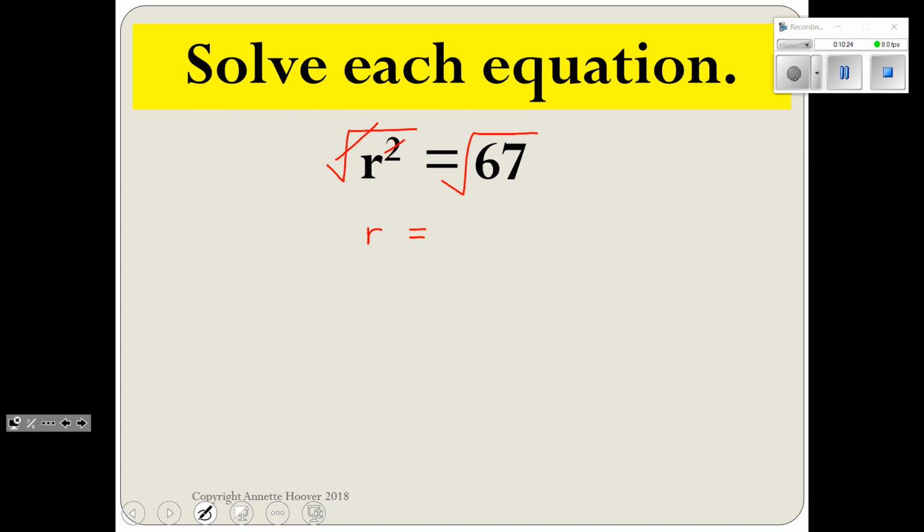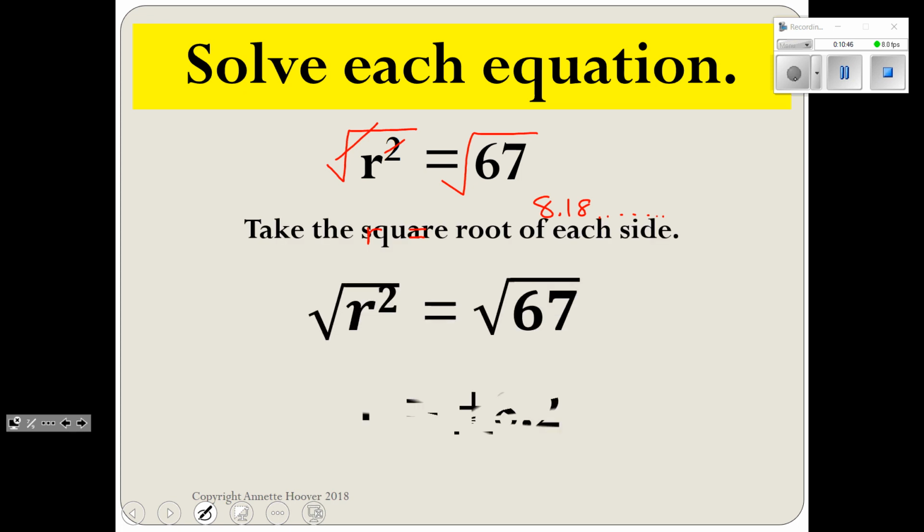When I type into my calculator the square root of 67, I get 8.1, and then it goes on and on. Now, here's the thing that's the most important to hear. When taking the square root of a number, the answer could be either positive or negative. Why is that so? Let's just back up for a minute.